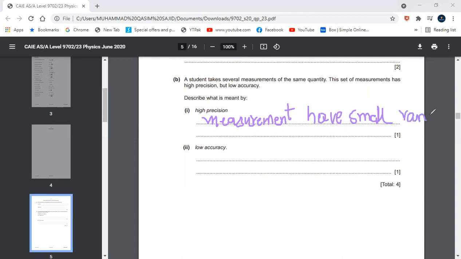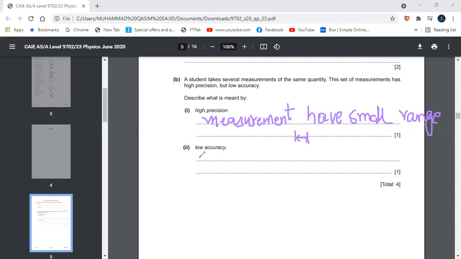Low precision means having a large range. Range basically means the difference between two points. So high precision means the difference between two measurements is small.